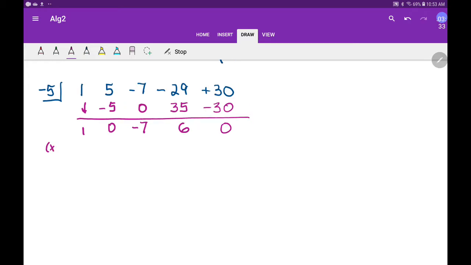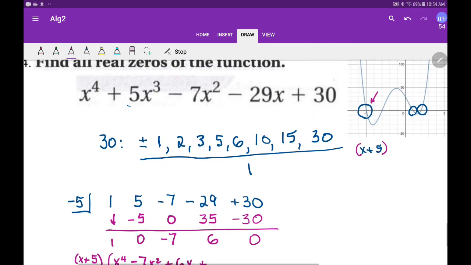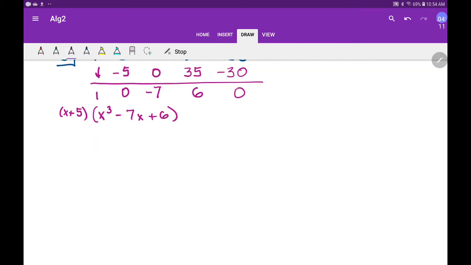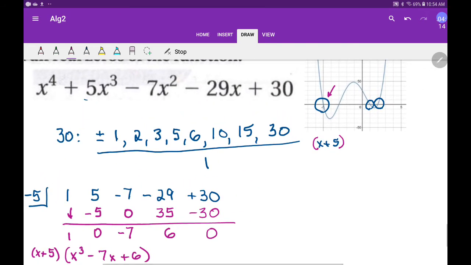So I have x plus 5, and I have x to the 3rd, no x squared, negative 7x plus 6. Okay, well, x to the 3rd is not going to do me any favors, so I'm going to keep going. What was my other choice here?